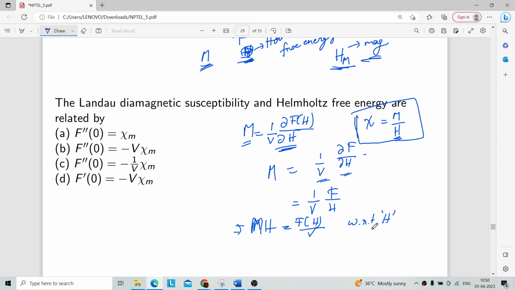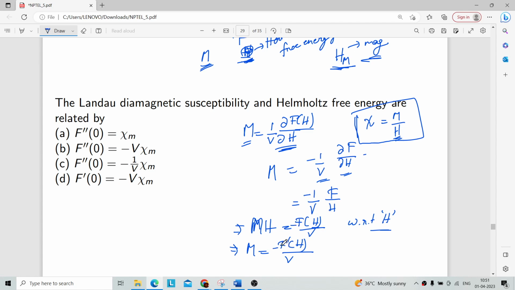So I need to take the derivative with respect to H, as F is a function of H. From the left hand side I'll have M, and from the right hand side I'll have F prime H over V. If we consider it to be diamagnetic, then the induced magnetization will be opposite to the applied magnetic field, so one negative sign will come.